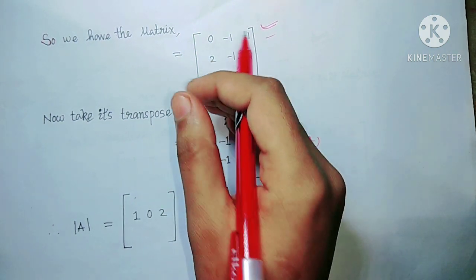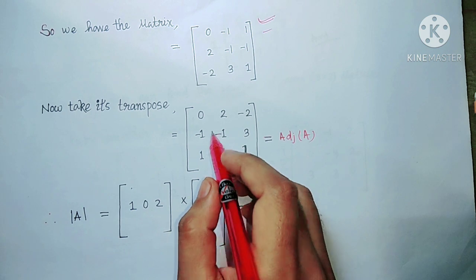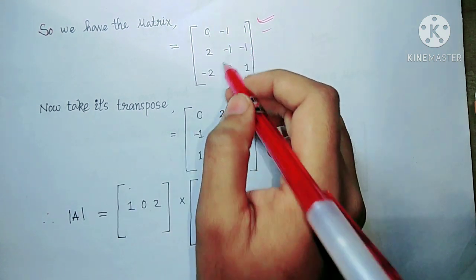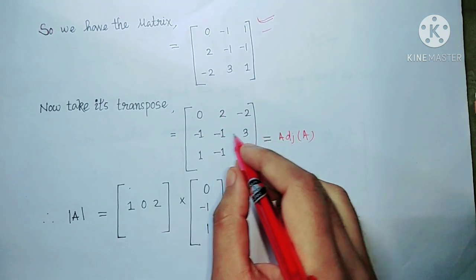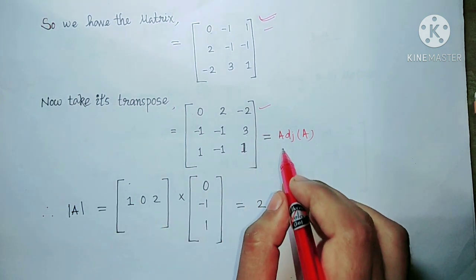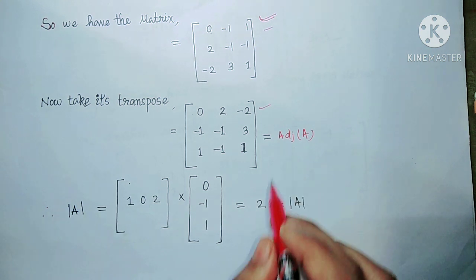If you take the transpose, you must get this matrix. Transpose means rows become columns and columns become rows. So this matrix must be the adjoint of the matrix A.